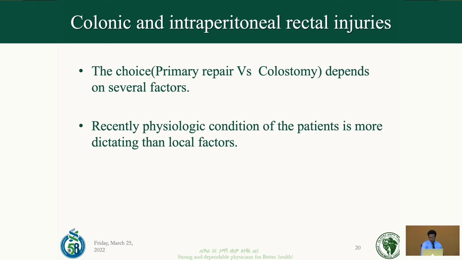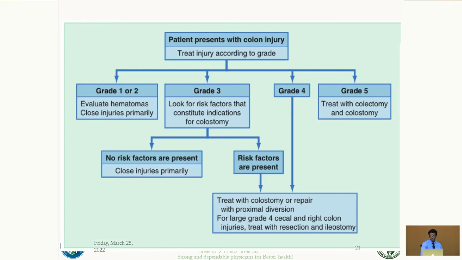There are different opinions, but the current recommendation is that the patient's physiologic condition is the most important point in deciding whether to do primary resection and anastomosis or repair, or whether the patient should have a colostomy. So the patient's condition is more important than other anatomic conditions. This is a traditional algorithm for management of colon injury based on the grade of the trauma.